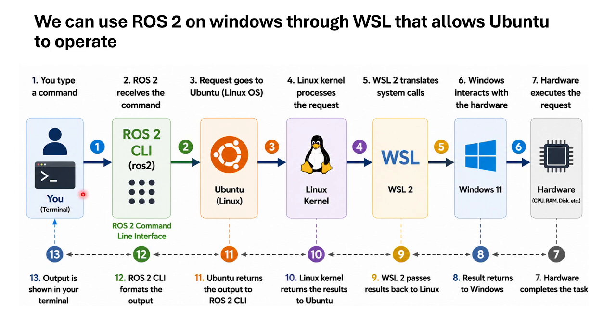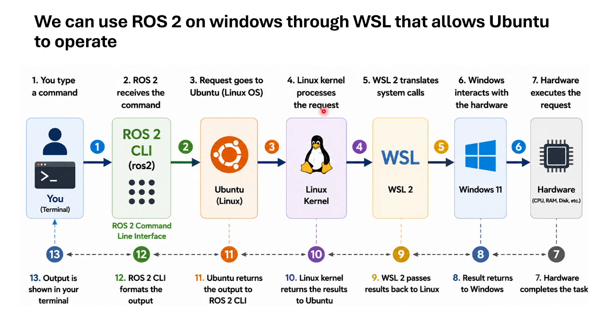Here, we open the terminal where we write our command. After we execute our command, this goes to step 2, which is the ROS2 software. The ROS2 receives the command, and then that request goes to Ubuntu, the Linux operating system, and then that is passed to the Linux kernel where this is processed.